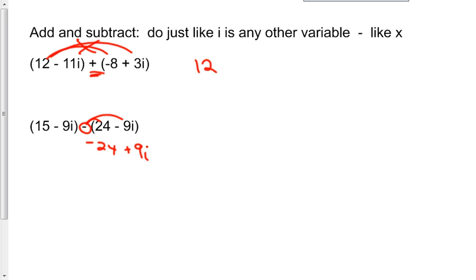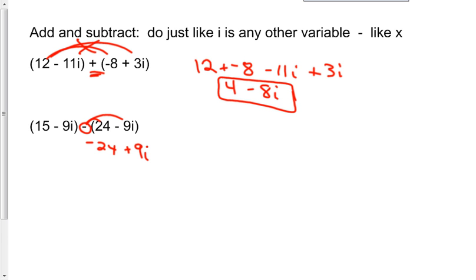Not doing FOIL. 12 plus negative 8, negative 11i, plus 3i. Now you have your like terms sitting next to each other. 12 subtract 8 is 4, negative 11i plus 3i is negative 8i. There you go, 4 minus 8i.